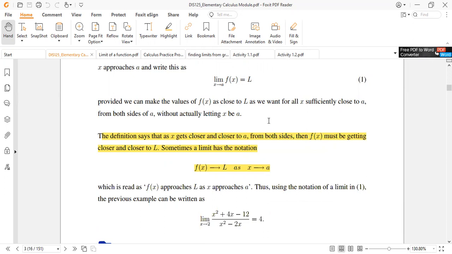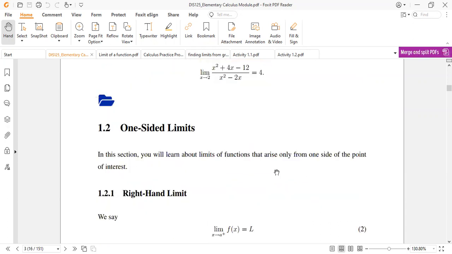Okay, so next, we can also denote it in this form, where you say f of x approaches L as x approaches a. Remember when we were looking at the problem earlier on of f of x being equal to 2 and trying to approach from different values from the right and from the left side, you can observe that we're looking at an approach from the left and an approach from the right, which is now heading us towards the concept of one-sided limits.